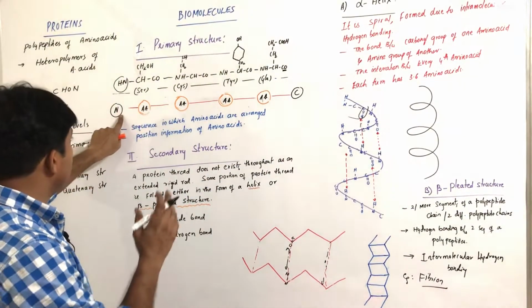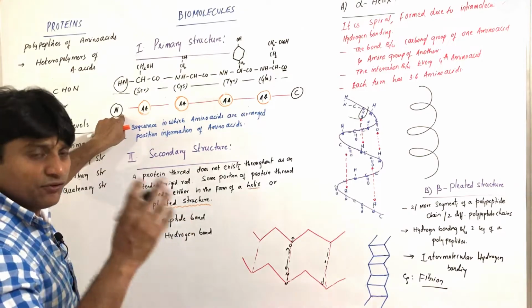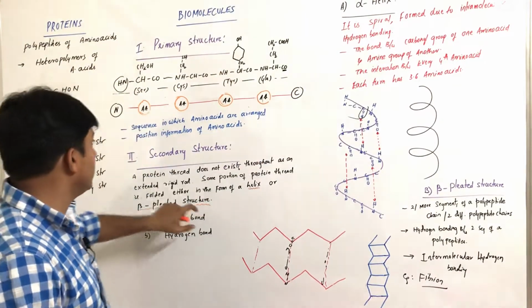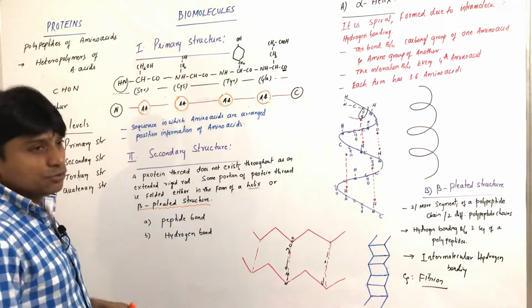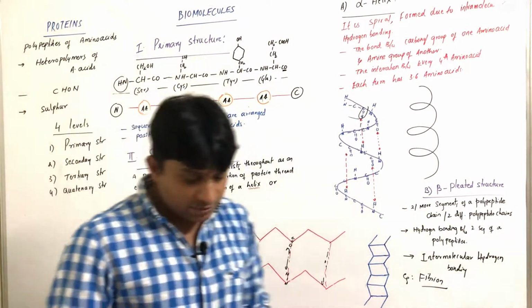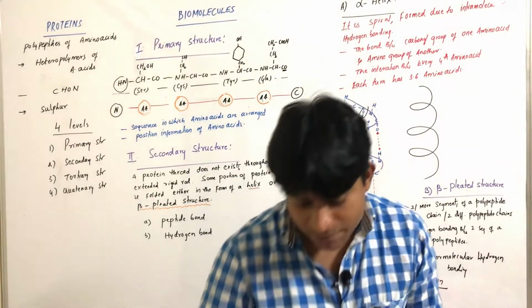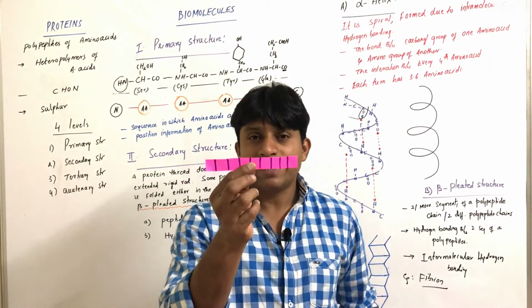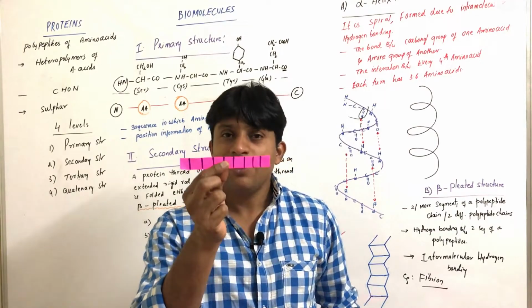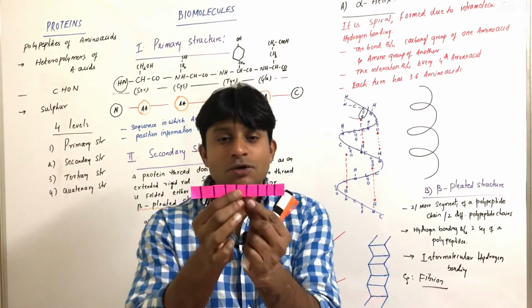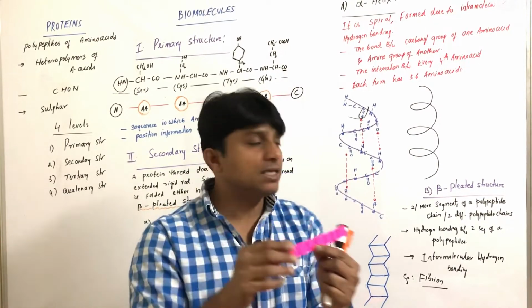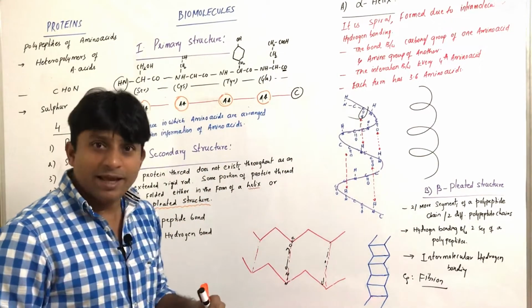So the left side N-terminal is the first amino acid and the C-terminal is the last amino acid. That's what the primary structure of a protein molecule explains to us. To understand better, imagine your primary structure is like this, a rigid rod. All these boxes show you the sequence of the amino acids. That is what the primary structure explains.